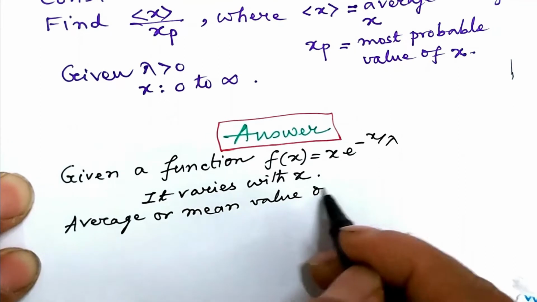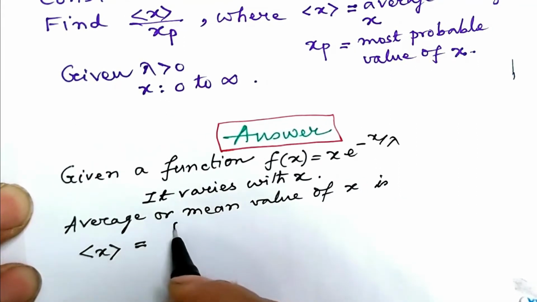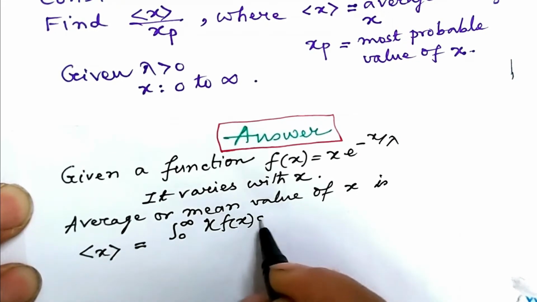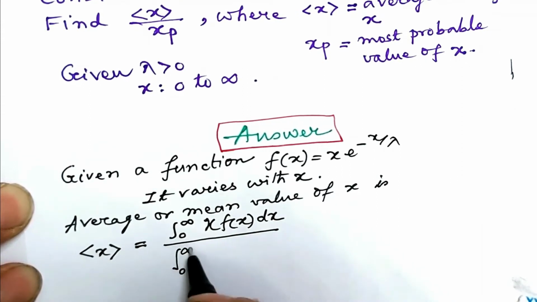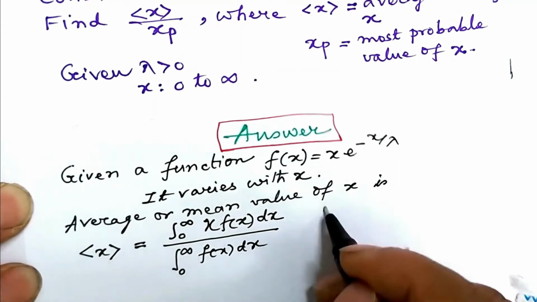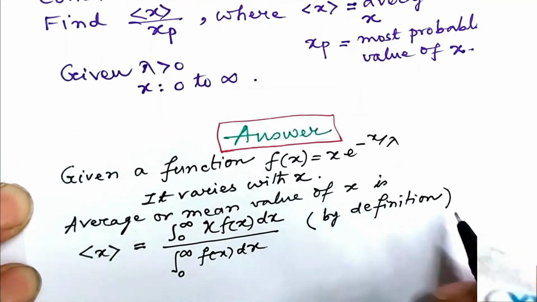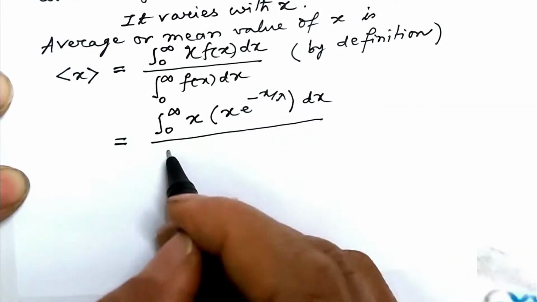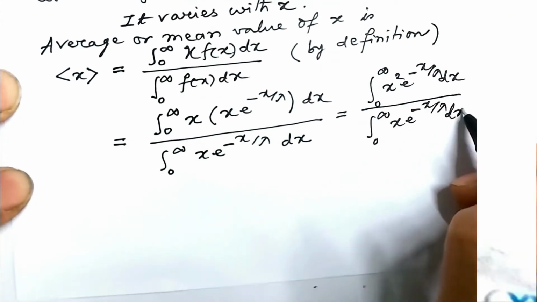Average or mean value of x is given by integration over the range 0 to infinity x into f of x dx divided by integration from 0 to infinity f of x dx. This is the definition of average of x in the function f of x. Put the value of f of x and rewrite the right hand side. Simplify to get.